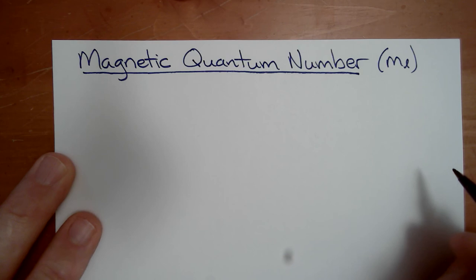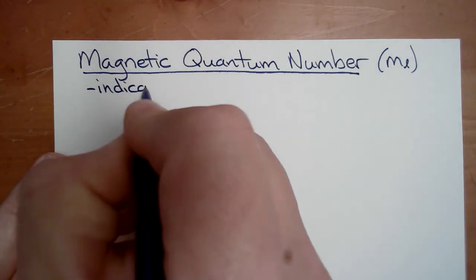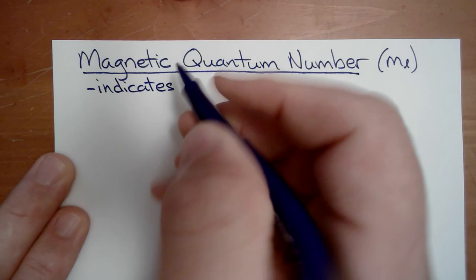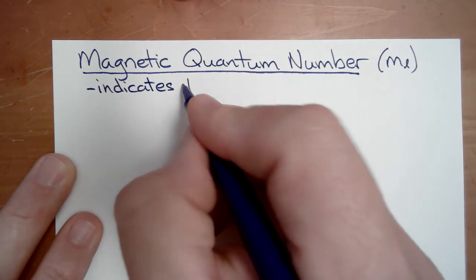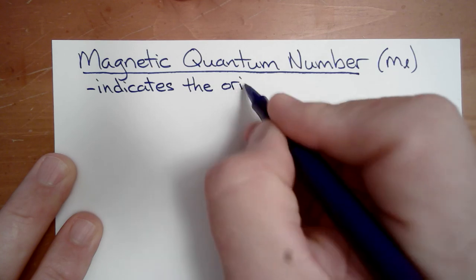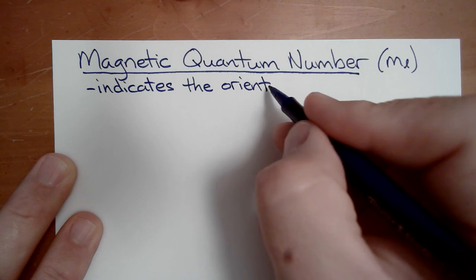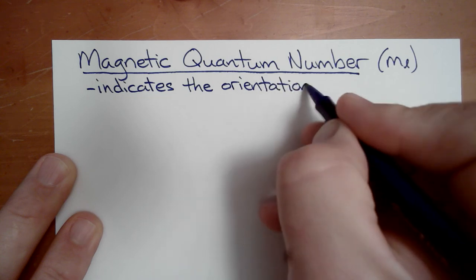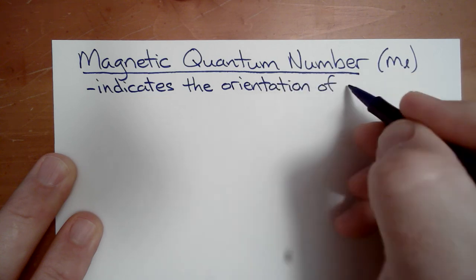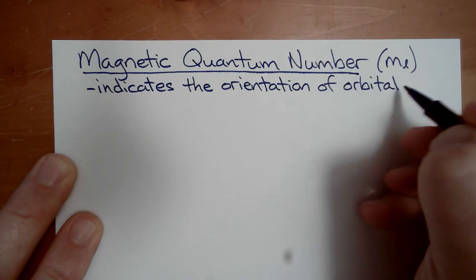This indicates the orientation of the orbital. So these are all three-dimensional orbitals, and they're oriented in three-dimensional space, so it indicates that orientation around the nucleus of the atom.